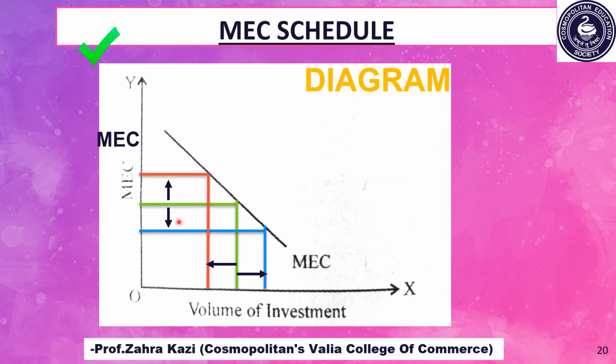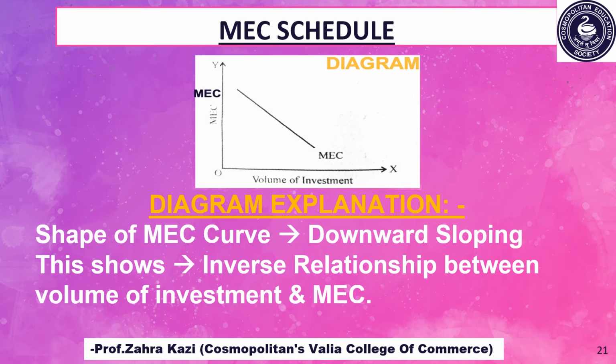Similarly, if the green line shifts to the red line, then the level of investment falls and the level of MEC rises. Again, it shows the inverse relationship between investment and MEC.